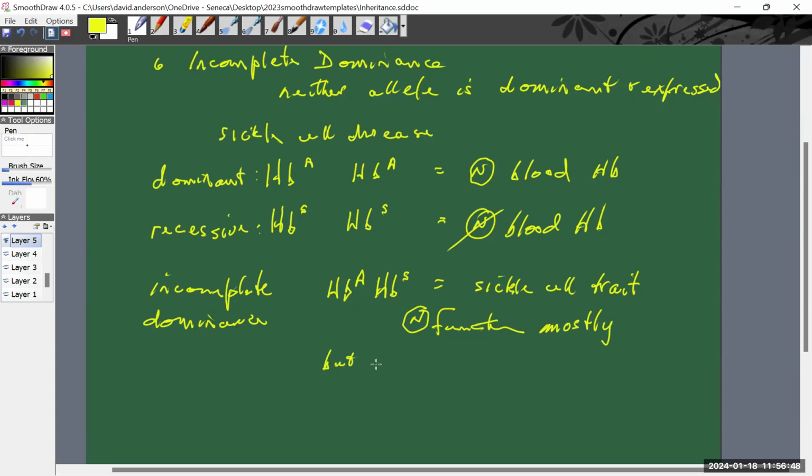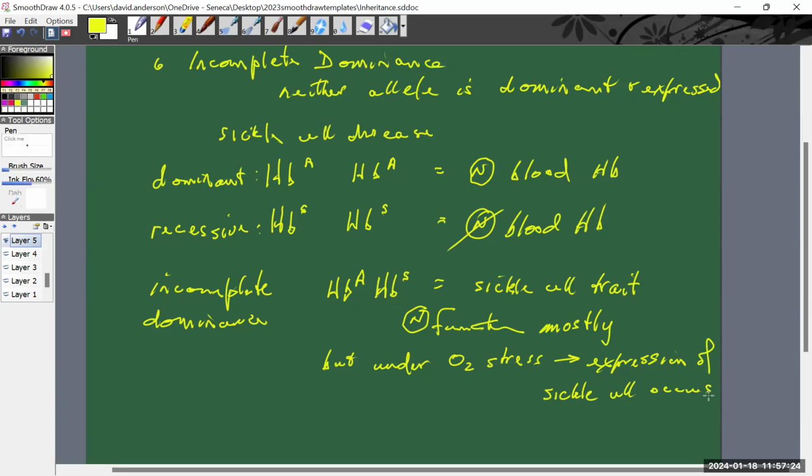But under oxygen stress, like going into altitude, for example, the signs and symptoms of sickle cell are going to present. And there's going to be an inability to deliver oxygen to tissues and fracturing of those blood cells and so on.